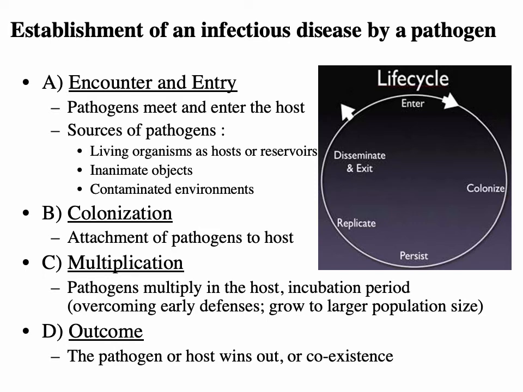When it reaches the place, it will go through a process of colonization. There's an attachment of the pathogen to the host. They require the ability to bind to the host surfaces, and then they start to multiply. That's the next step. They need to find nutrients and multiply themselves, producing numbers. That is what we call the incubation period.